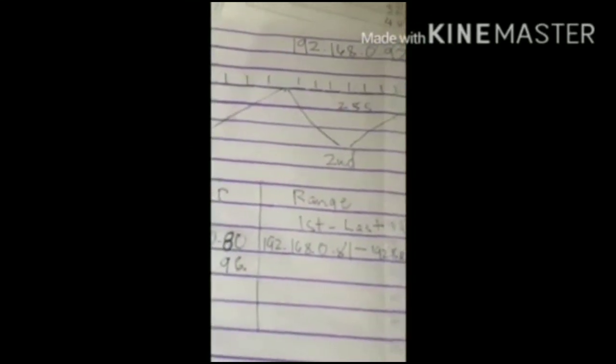Now, let's get the range, first and last IP. Our first range is 192.168.0.81 and our last range IP is 192.168.0.94. To get the first range, you just need to plus 1 to the 80 to get 192.168.0.81 from 192.168.0.80.